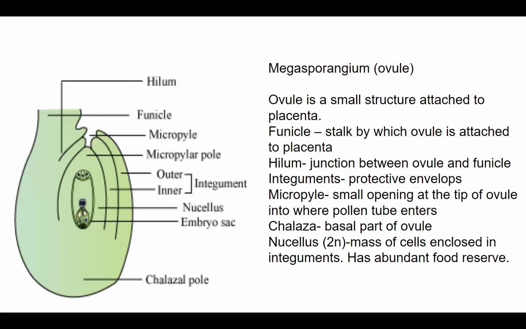Now coming to what is megasporangium. The female gamete is present inside the megasporangium, which I call the ovule. The ovule is a small structure attached to the placenta.